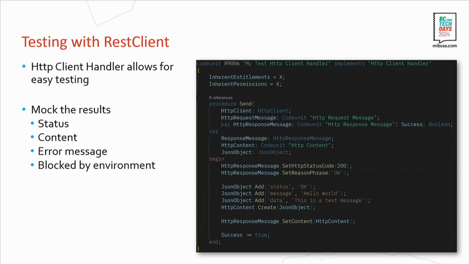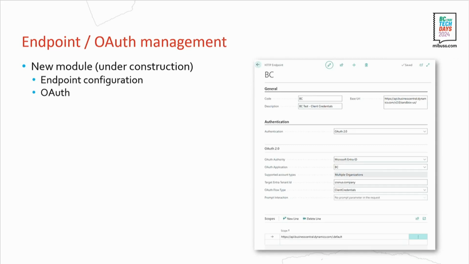There is more. I mean, I can talk maybe for half an hour about this REST client, but that's not what I want to do. Final couple of minutes. I want to talk about the next piece that I'm working on, and that is actually a combination of endpoint and OAuth. It's under construction, and the idea is that we can have an endpoint configuration.